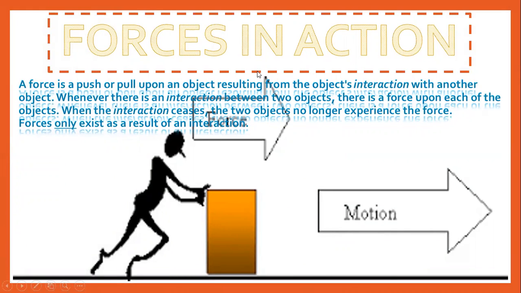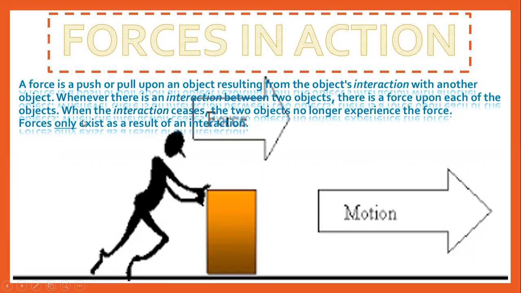Forces in action. A force is a push or pull upon an object resulting from the object's interaction with another object. Whenever there is an interaction between two objects, there is a force upon each of the objects.